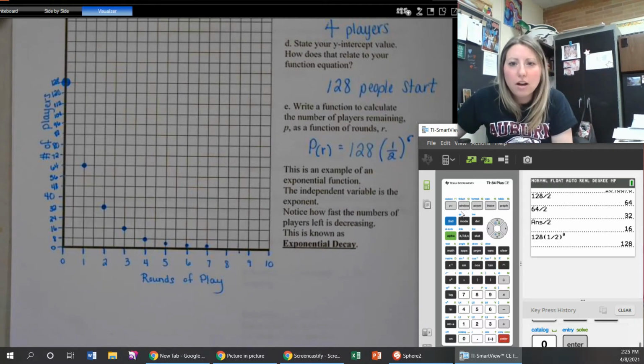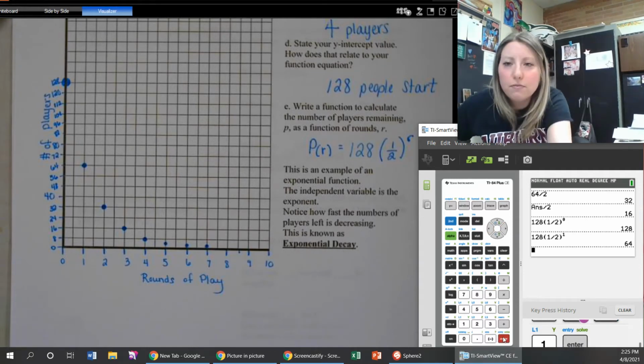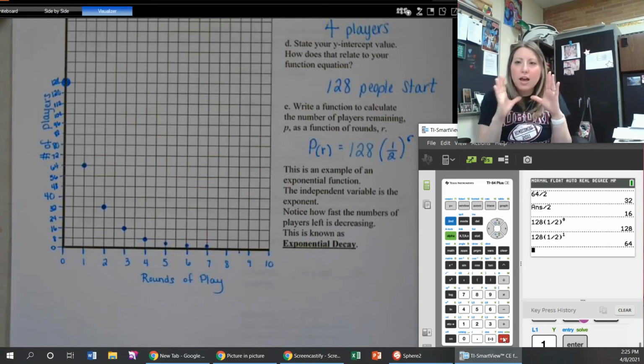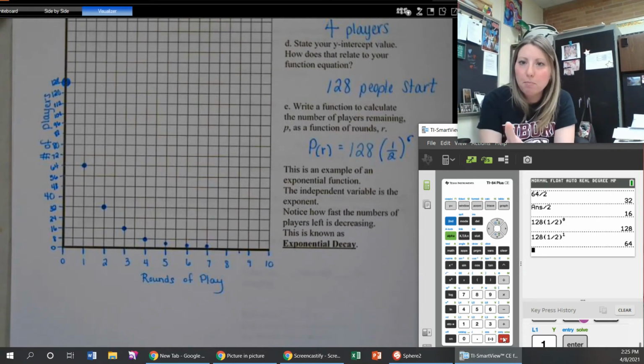Right? And then I'll do second and enter and go back and change my exponent to be a 1. Now I've got 64.